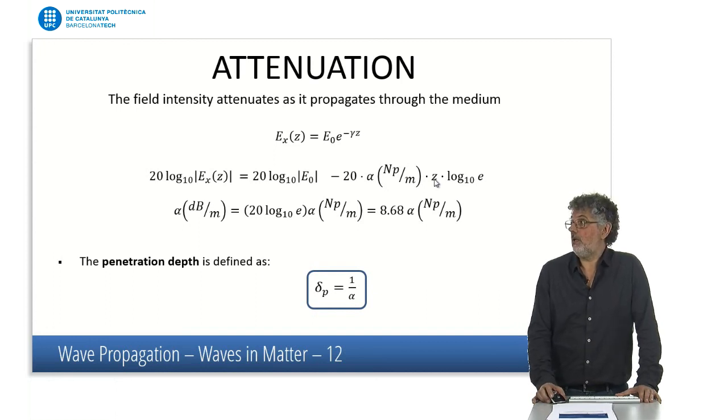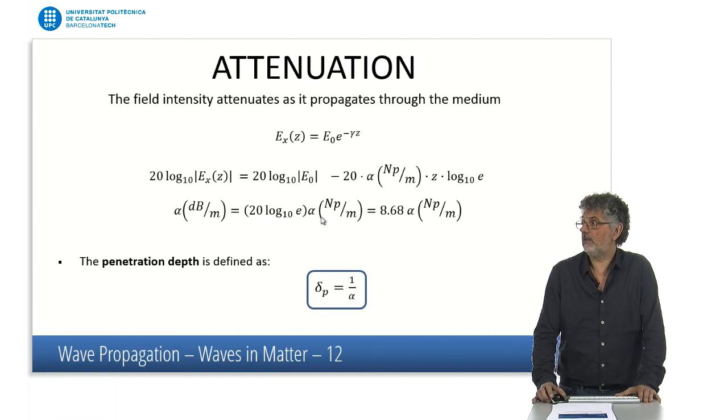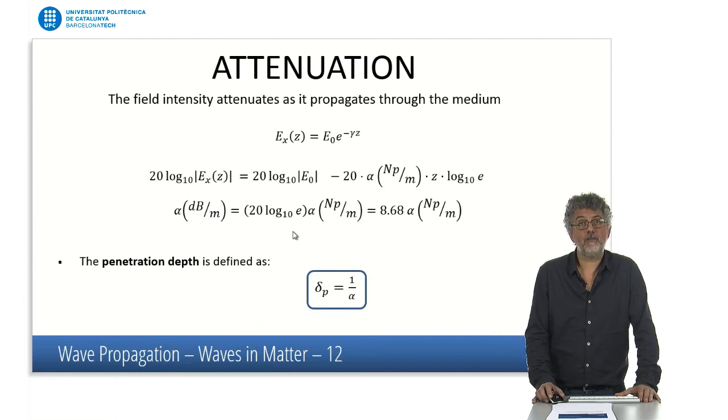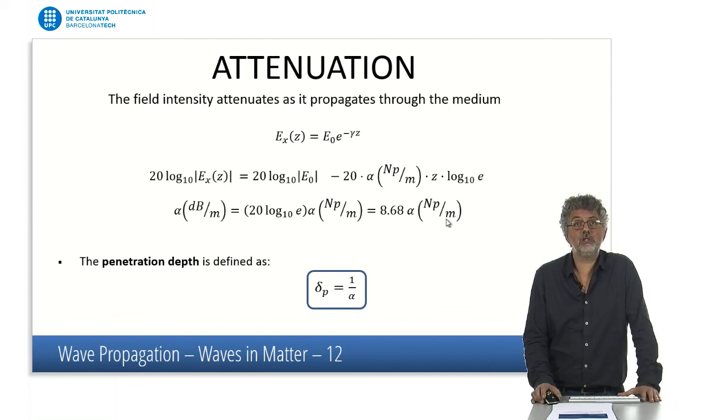Now, if we consider the attenuation in 1 meter, we can see that the attenuation in meter is 20 times log 10 of e times alpha, and this is 8.68 times alpha. And this is the attenuation of the wave expressed in dBs per meter, because when we did this 20 times log, we were expressing the field in dBs. So alpha, expressed in nepers per meter, at the end is the attenuation, and if we want to express that attenuation in dBs per meter, we have to multiply that value of alpha by 8.68.